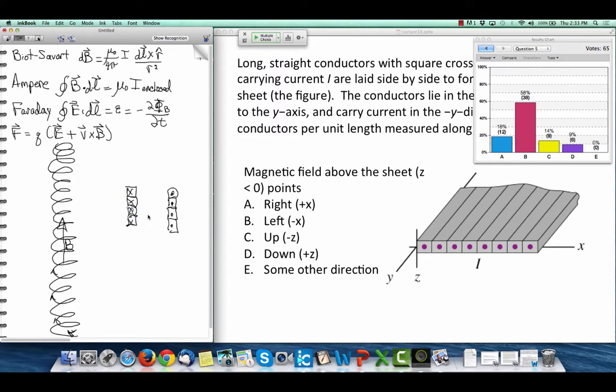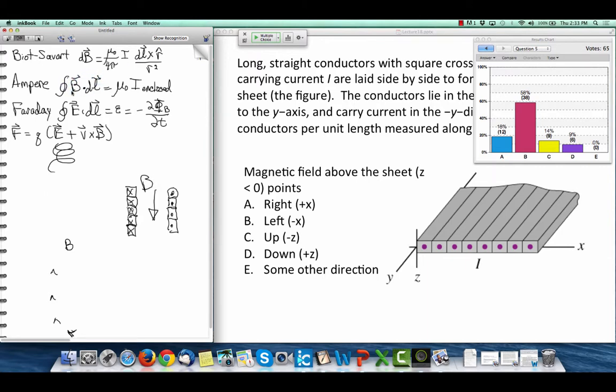The current's going to go into the page. Okay, what I just drew is going to have magnetic field down instead of up. I'm just going to draw it down. If that's an infinite coil, what sort of a loop might you use to use Ampere's law?